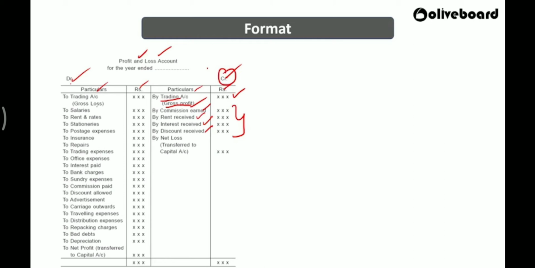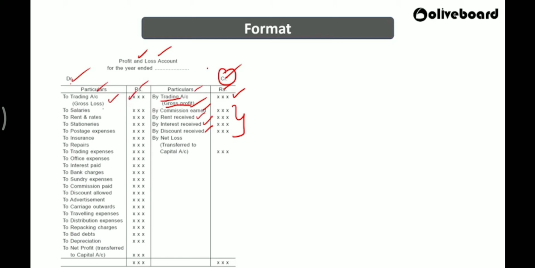All right, now if you see here the debit side, your trading account, if it is a gross loss, then it will come in the debit side. Gross loss is a loss to you, so all expenses and losses will be on the debit side. Correct? That is what we have read in our golden rules. Now gross loss will be on the debit side. So I wrote the balance brought down from trading account, gross loss.